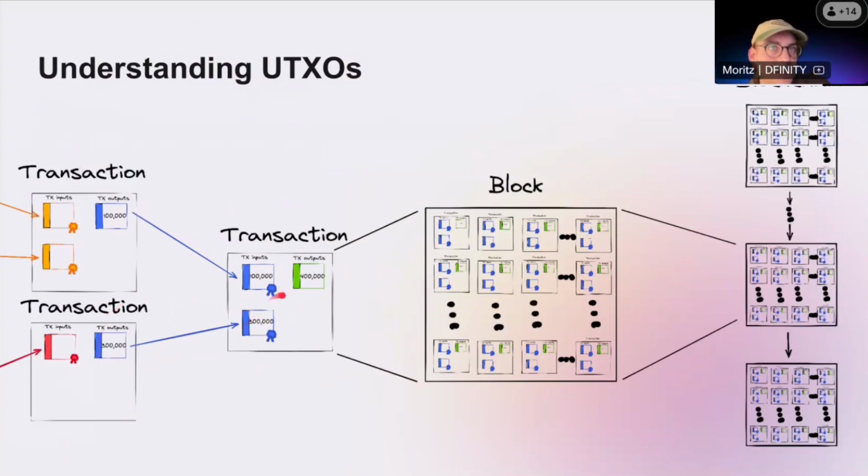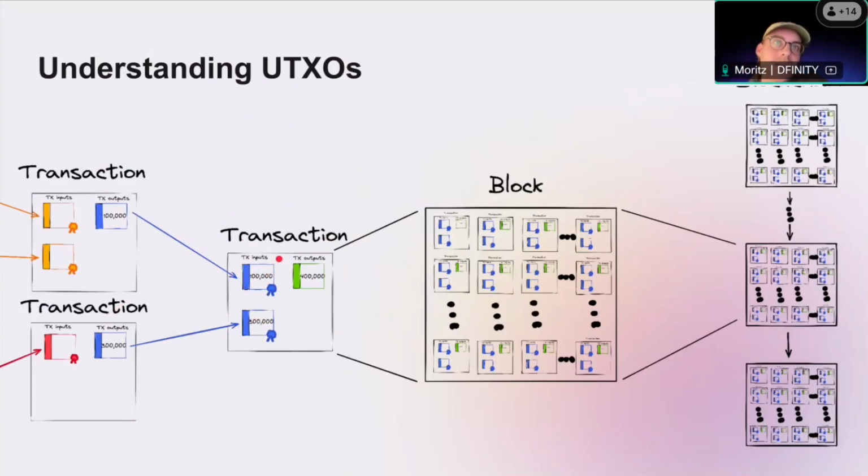This is indicated here on the slides by this blue ribbon. In this case, Alice created a signature on the transaction input, on the UTXO, and that signature can be verified with the public key that's associated with the UTXO.